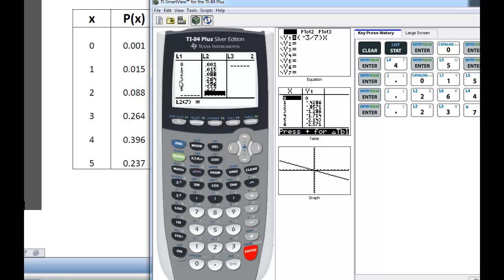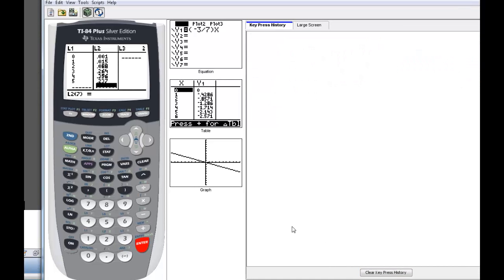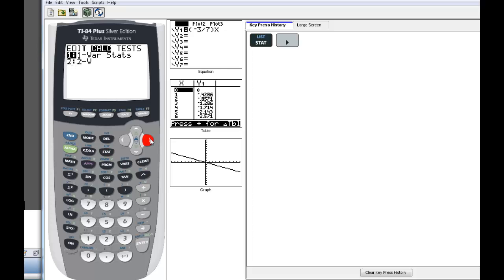Once we've got that all in our calculator, of course we want to check to make sure we typed it in correctly. Then we did stat. We're going to go to one variable. We'll go over to calc. One variable stats is number one. Then we tell it where the x values are and where our probabilities are.